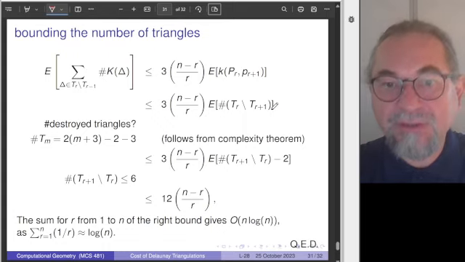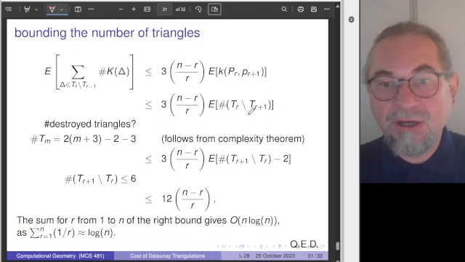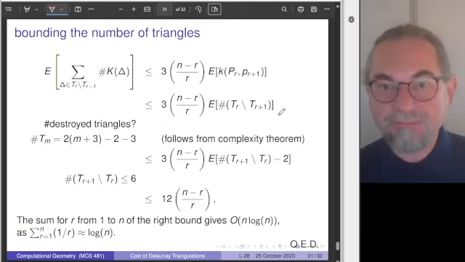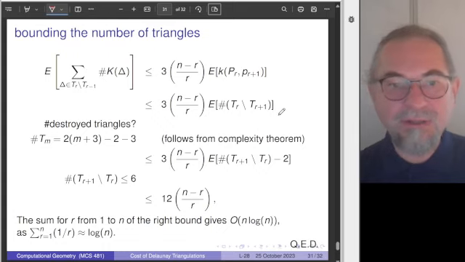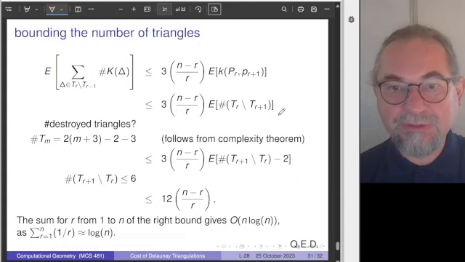So this depends on the difference of the count, and this depends on the number of triangles that are actually disappearing. So let's count the number of destroyed triangles. This follows from the complexity theorem. Okay, so what does this mean?